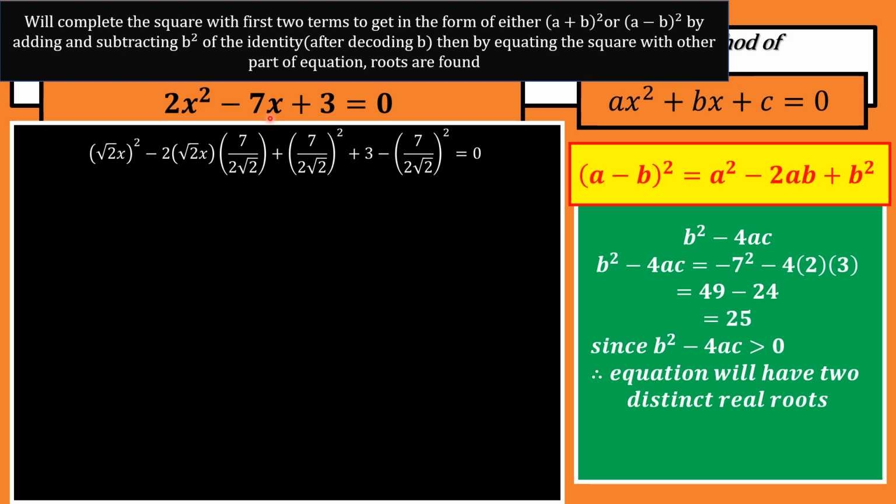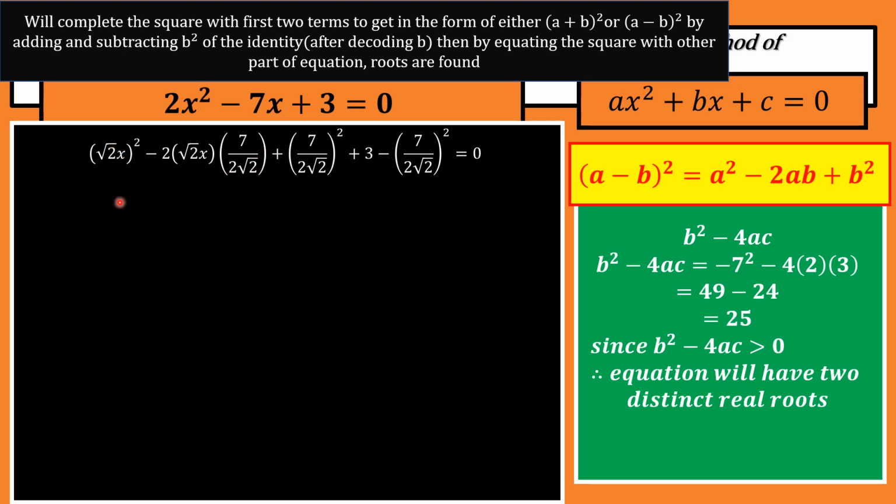Now see, 2ab is minus 7x, right? So here in these two terms x is there, 7 is not, so 7x we want completed. But by doing so, 2 under root 2 is extra, we'll need to cancel them out. We'll need to get rid of them, so we'll divide by 2 under root 2. This is our b, right? So this is how we decode b.